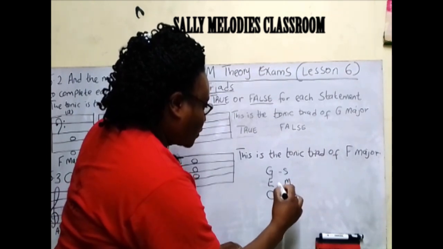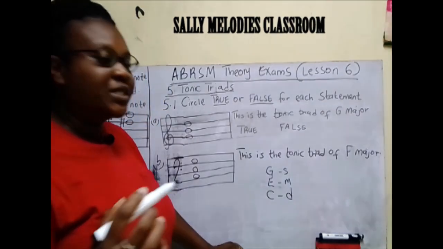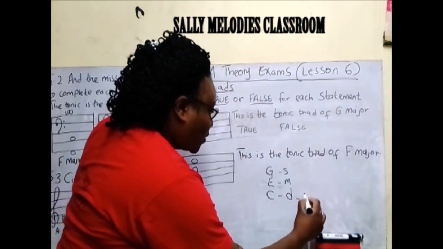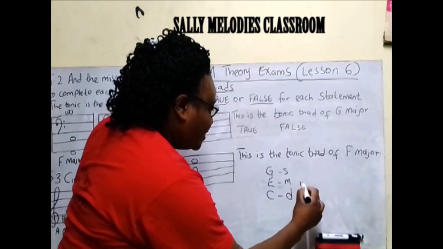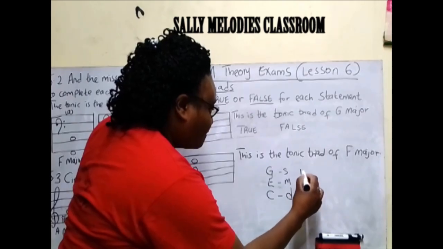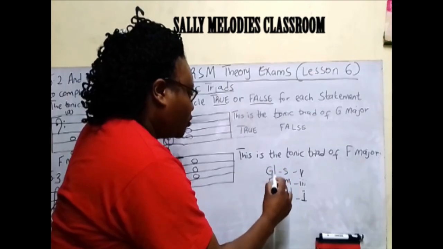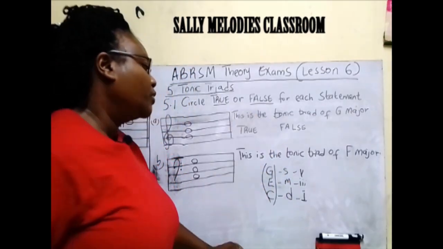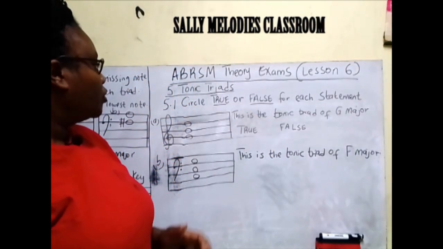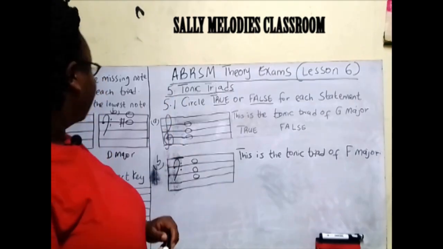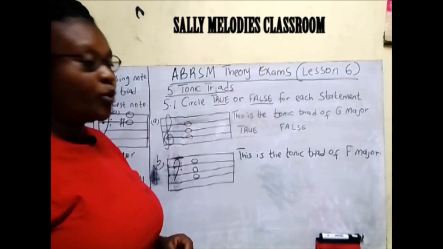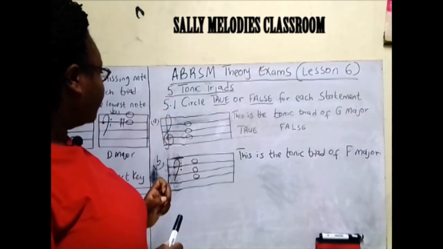When it comes to degrees, it is 1, 3, and 5. So, most importantly, we use the letter names. This tonic triad has 3 questions, 5.1, 5.2, and 5.3.